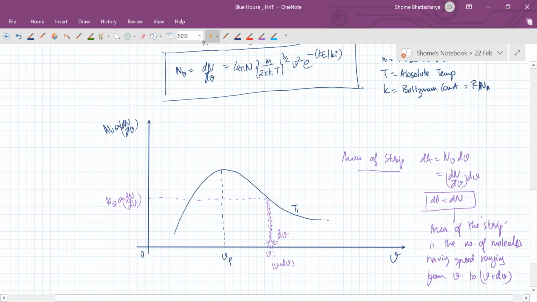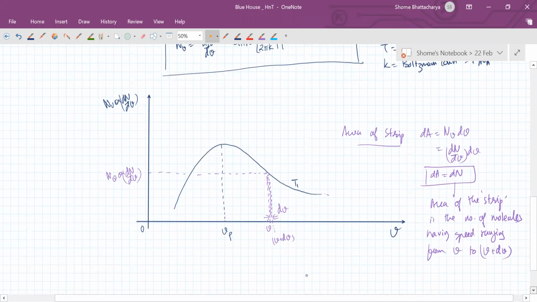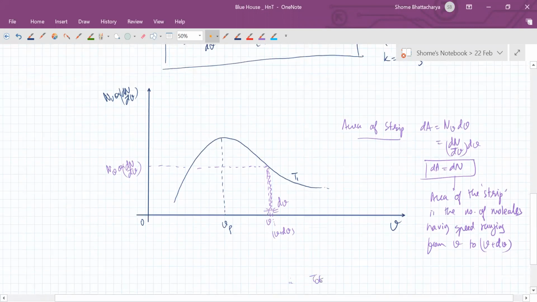It becomes the total number of molecules. Okay. So the total area, that is integration of nv dv, or integration of dN by dv into dv, that is integration of dN, is nothing but N, which is the total number of molecules.